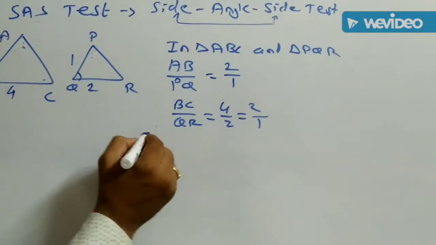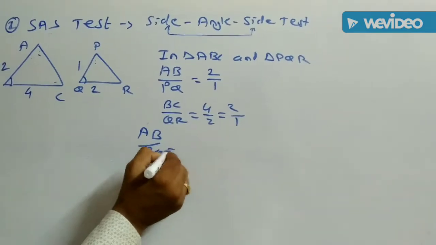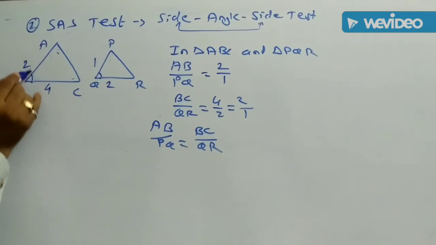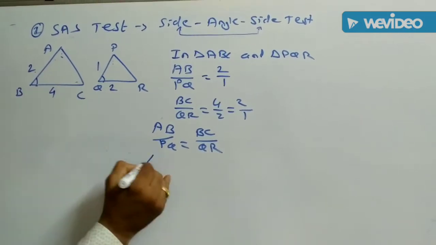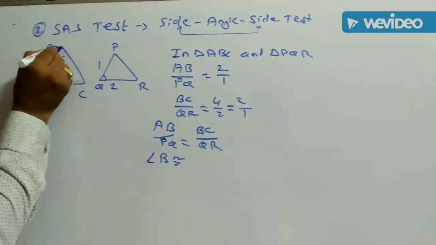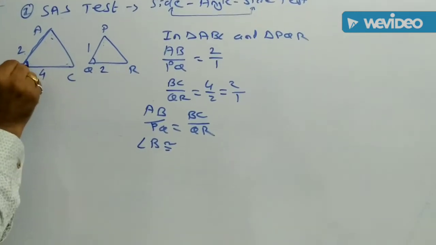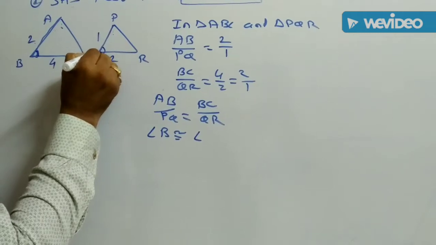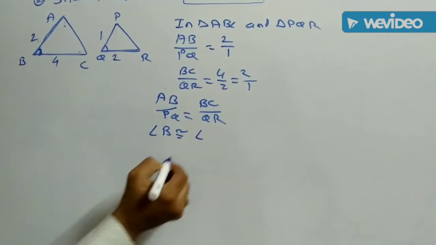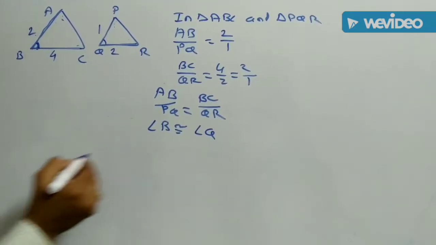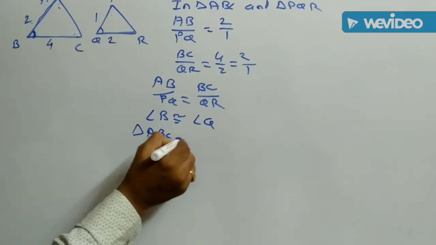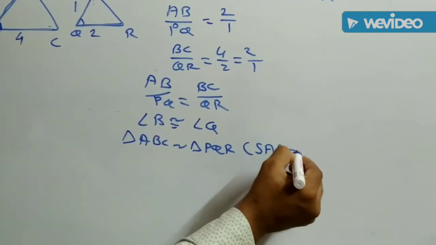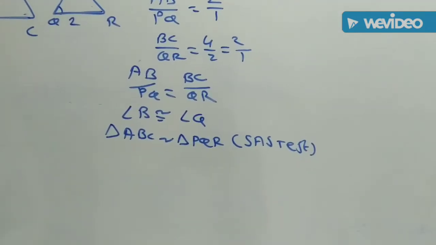From this we can write AB upon PQ is equal to BC upon QR. Two adjacent sides are in proportion and the angle included between the two sides, angle B, and here the angle included in the sides PQ and QR is Q, are congruent, so we can say triangle ABC is similar to triangle PQR by the SAS test.